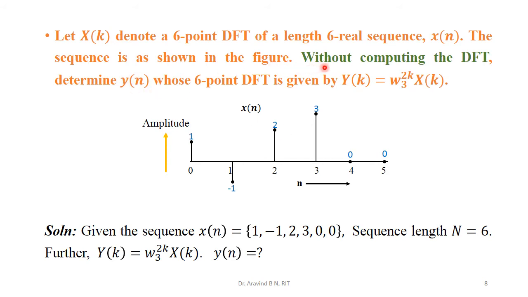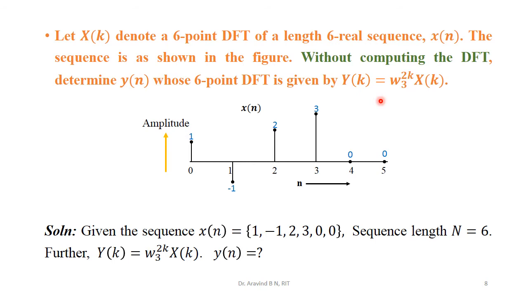That's why in the question it has clearly asked without computing the DFT. Without calculating the DFT, we need to identify the solution for this y of k. So it is applicable to make use of one of the properties of the DFT. In this particular case, we need to apply the circular time shift property.